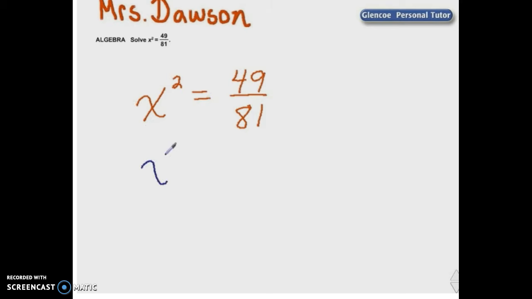Using the definition of square root, which is sometimes called the square root property, we will take both the positive and negative square root of the other side of the equation.